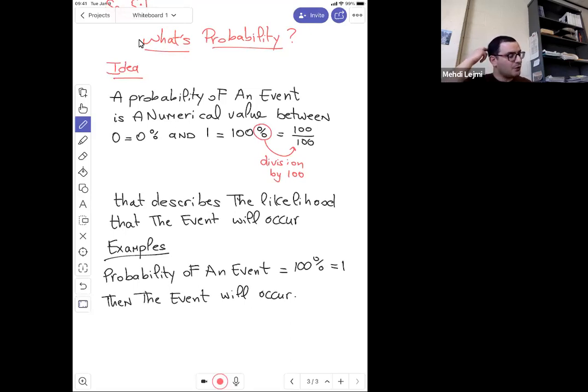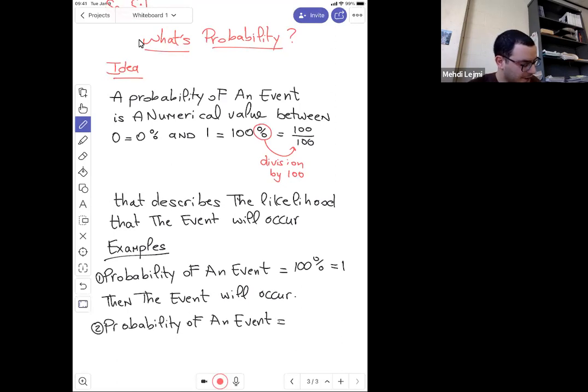If your probability, of course, is 0%, so if you have an event and you know that the probability of the event is just 0%, okay, so this is the first example. Second example, if the probability of an event A is 0 or 0%, right? 0 is the same as 0%.